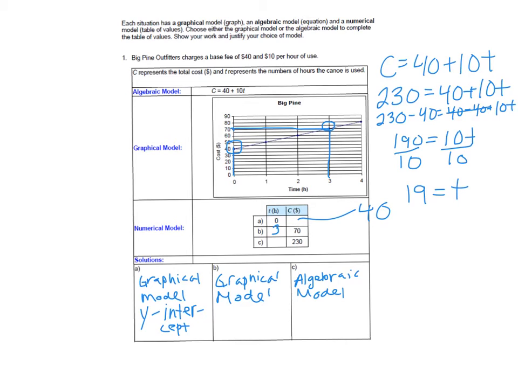So 19 equals t, and I could write in my answer 19. I've shown my work for this on the right-hand side, and I used the algebraic model. So that's how you do that series of 3 questions.